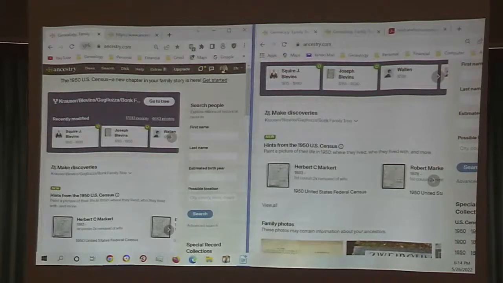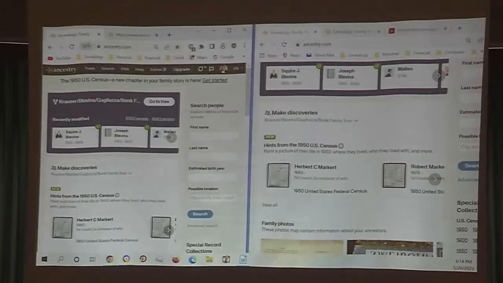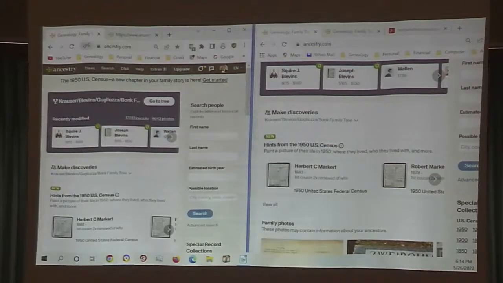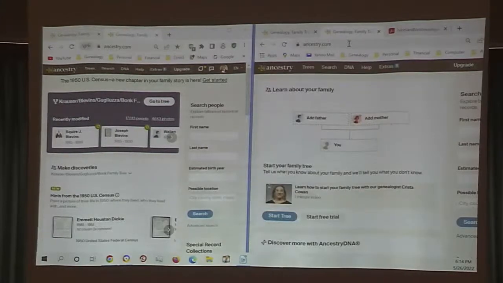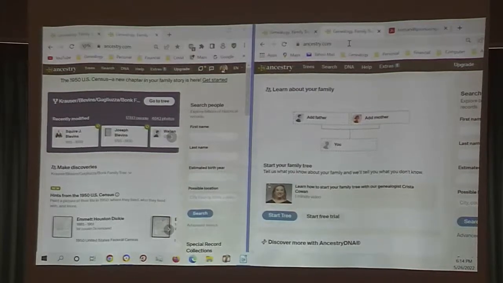And you can also have multiple copies of Ancestry open in each browser. So you notice up here, I have two different copies. Whoops, there it is. I have two different copies of Ancestry opened up in each browser, and I can actually open up 5 or 6 copies of Ancestry in each browser.